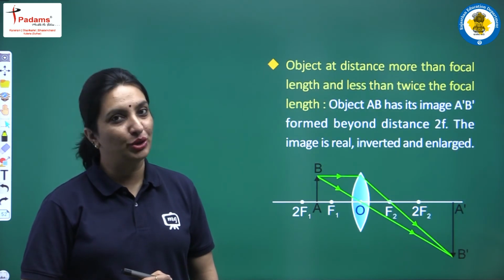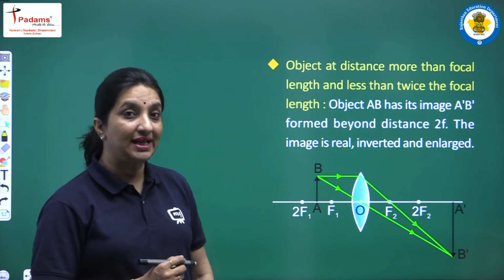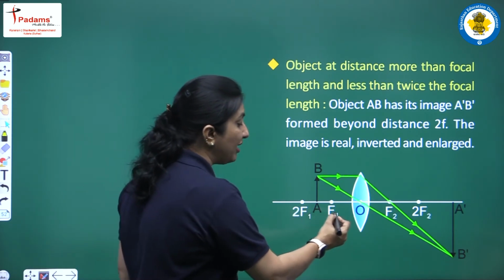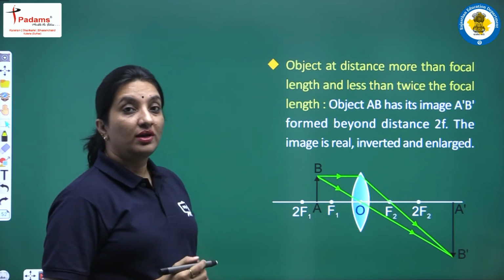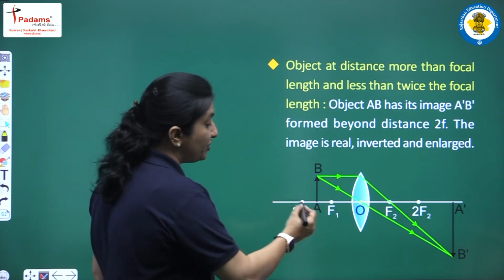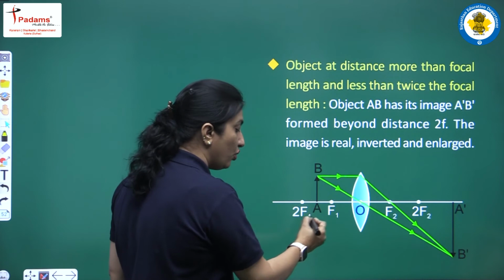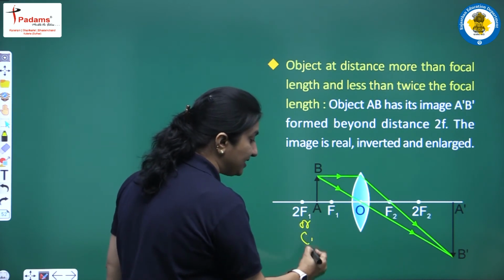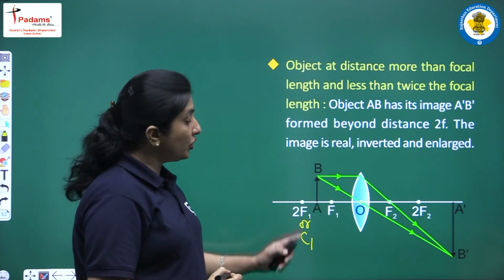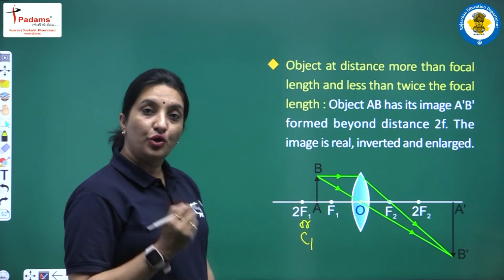So let's see the fourth position when the object is placed between 2f1 and f1. Now here what we see is that the object AB is between 2f1 or you can say C1 and f1. So here again we will take two rays of light.